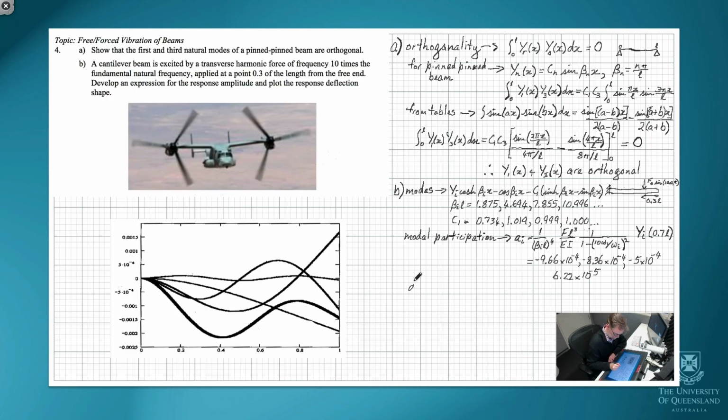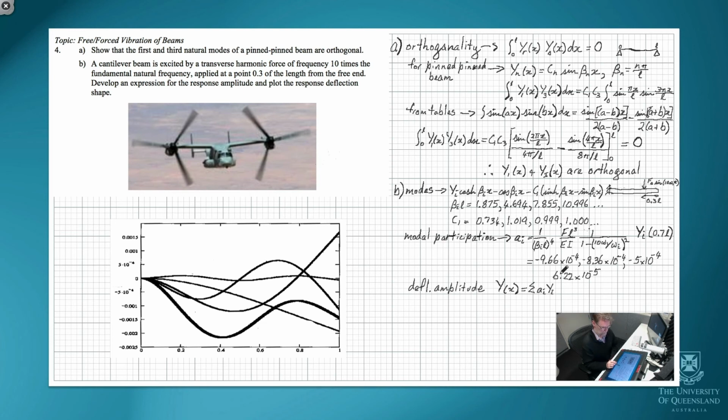So we'll write down the expression for the deflection amplitude. And it's just going to be equal to y of x as a summation of all the modes, which is expressed as a summation of the AIs times YIs.